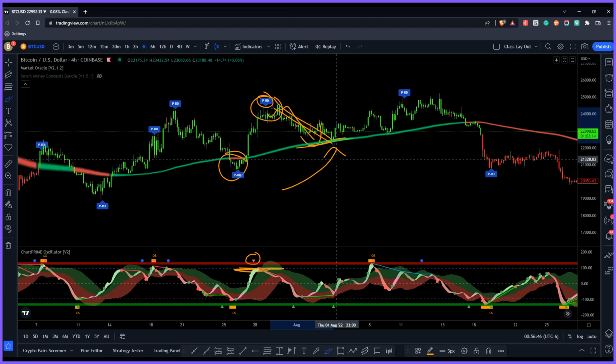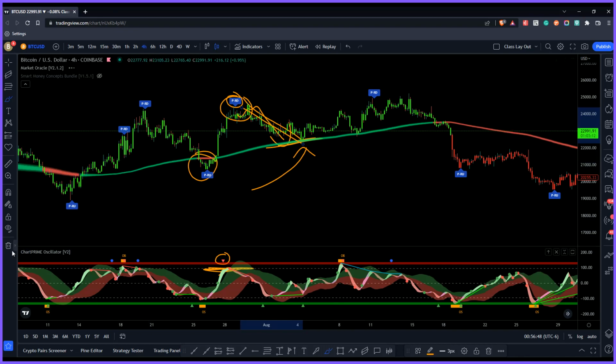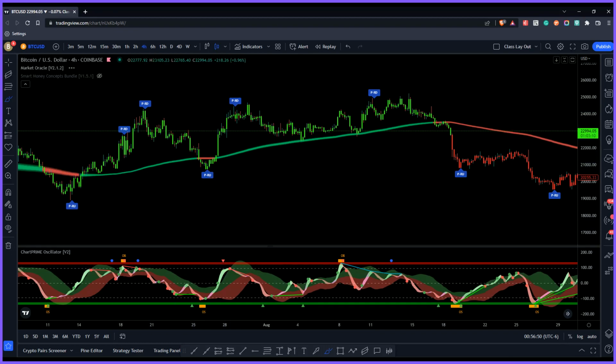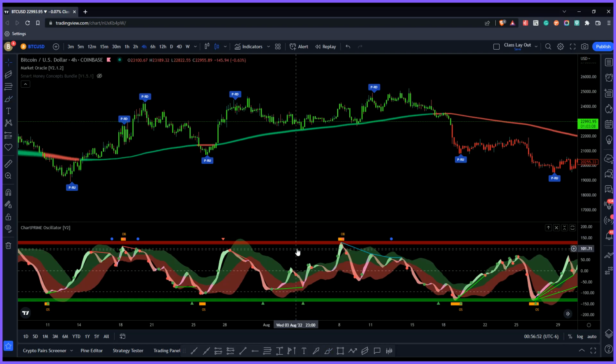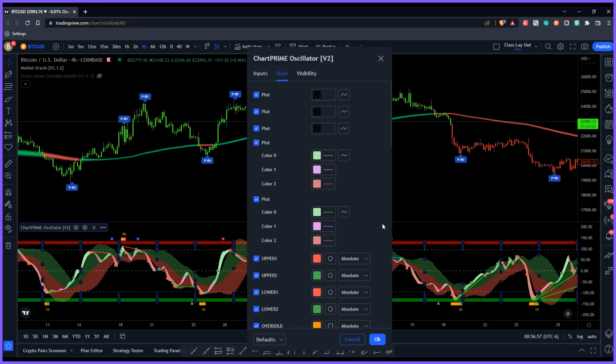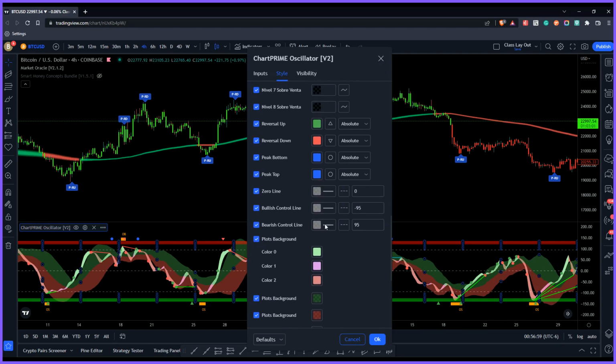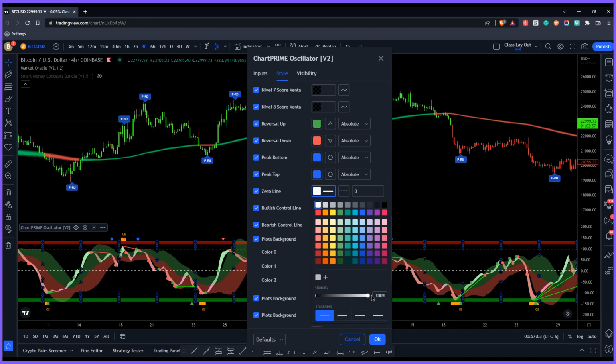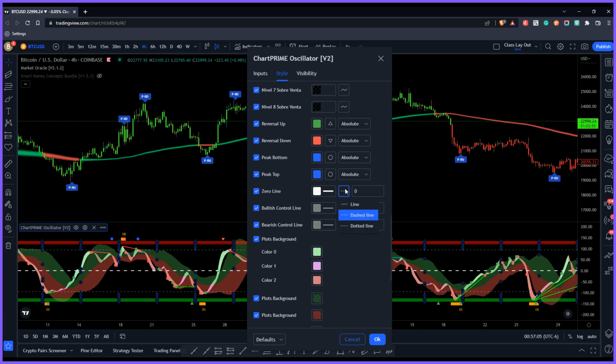Alrighty, so let's take a look at what else is on the oscillator. I'm gonna go ahead and go over to style up here and then scroll back down until I see the zero line. I want the zero line to have full opacity. I also want to make it thicker, and I want it to be a straight line. So my attention is being drawn to the zero line, right?